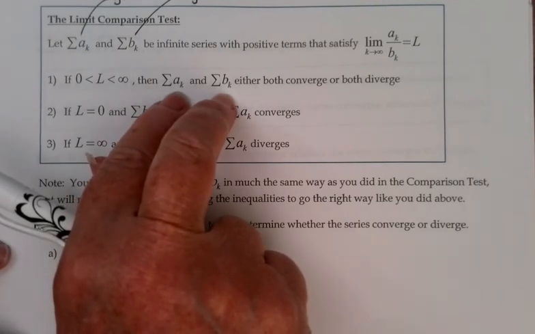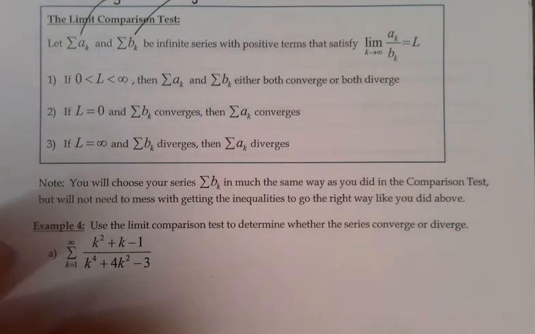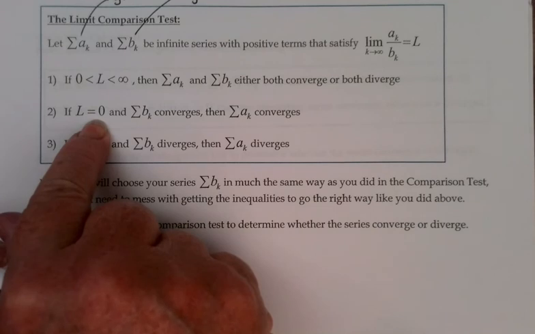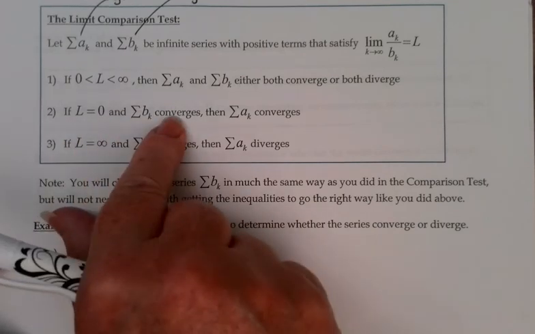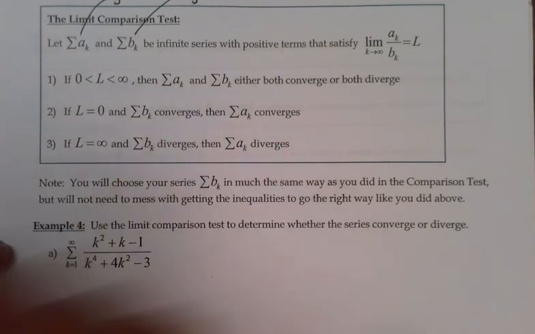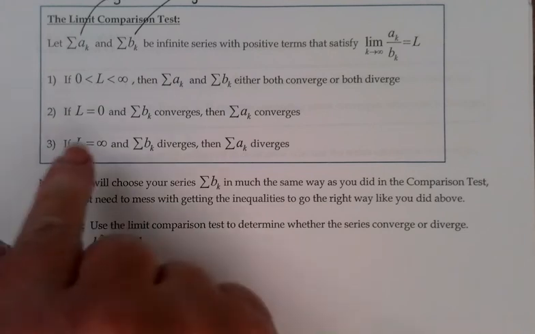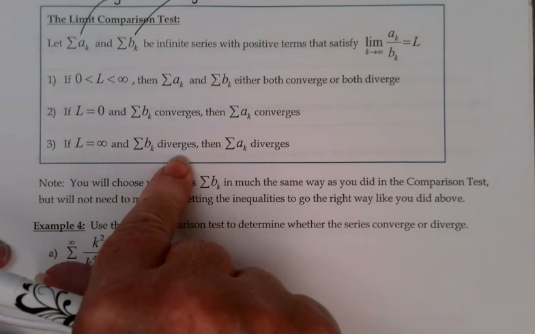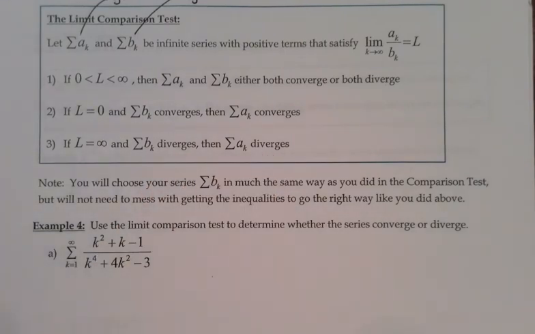Either they both converge or they both diverge. If L is equal to 0 and your B's converge, then your A's will also converge. If L is equal to infinity and your B's diverge, then your A's will also diverge.